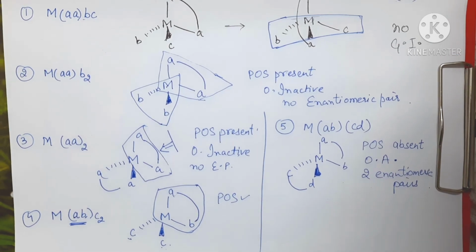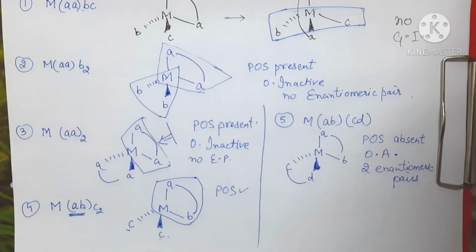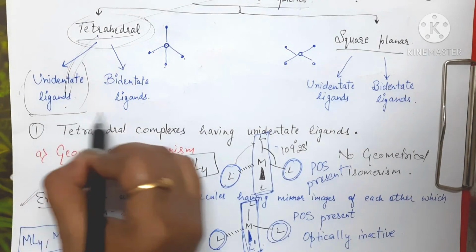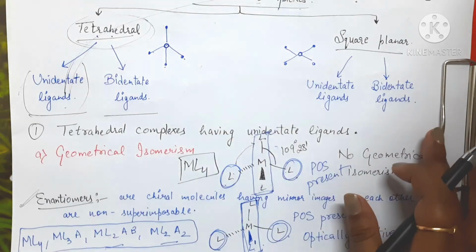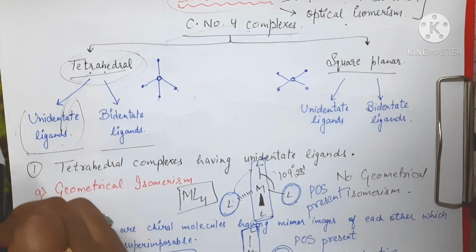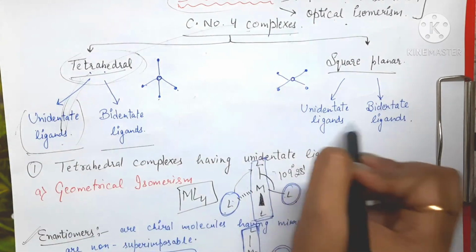Okay, so this way, by simply looking at the plane of symmetry, you can find out the optical activity of the given compound, right? So till now we have studied these two parts, right? We have done this part initially also, and we have discussed that we are going to do these four major parts.